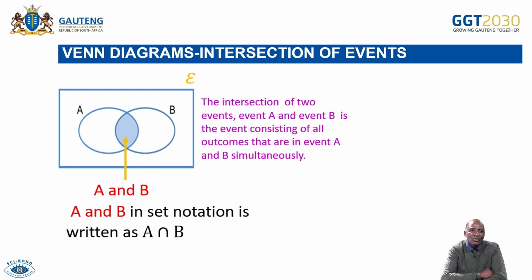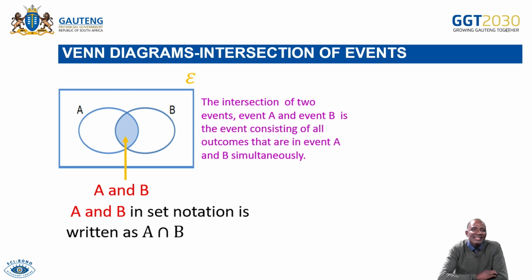Right, I will take you through some of the diagrams that you need to familiarize yourself with. The first diagram that you see there is an intersection of two events, event A and B. Of course, we have our entire set, which is always represented by a rectangle. That rectangle represents what we call the entire set, containing all the possible outcomes in our experiment.